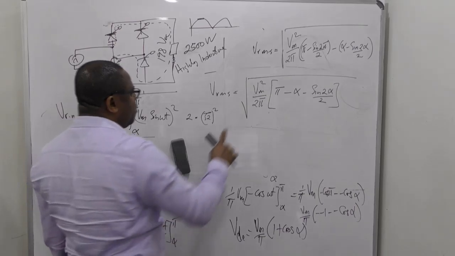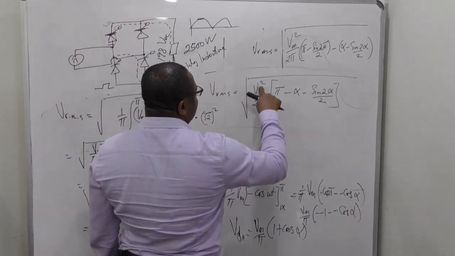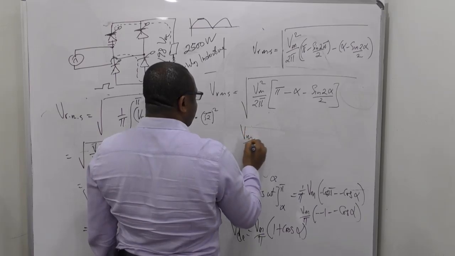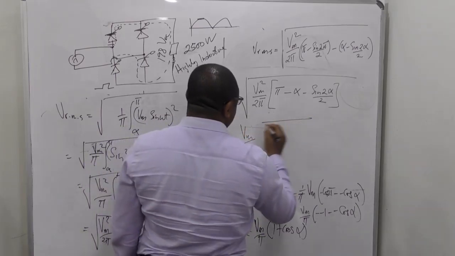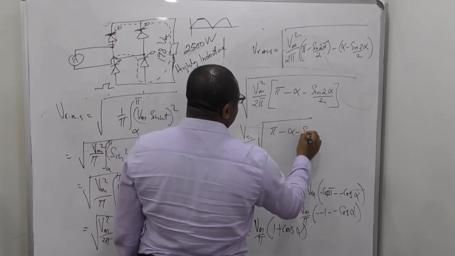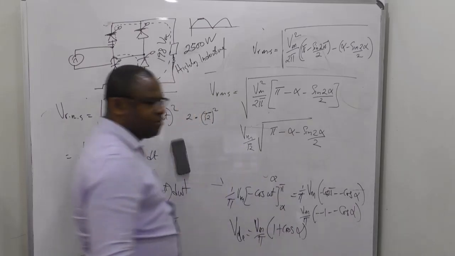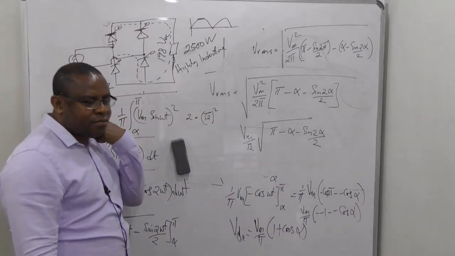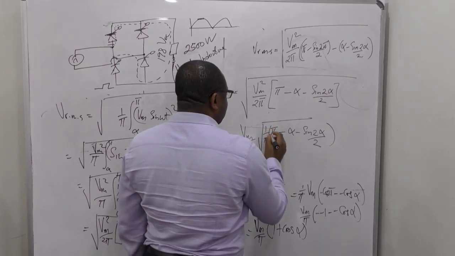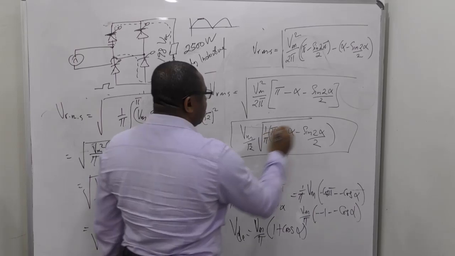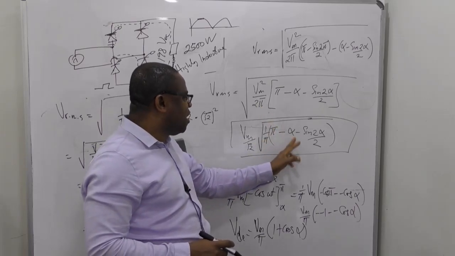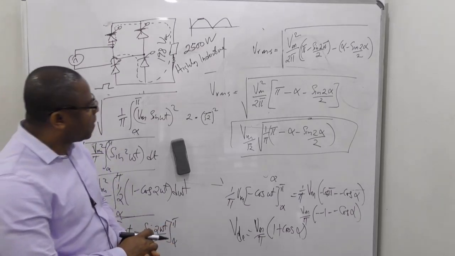So even if I put root 2 squared here, it will be Vm over root 2 all squared, and the square root of that can come out so that you have Vm over root 2 now into the 1 over pi here, by pi minus alpha minus sine 2 alpha over 2. That is what you need to know.